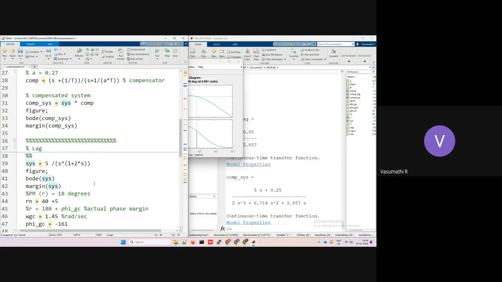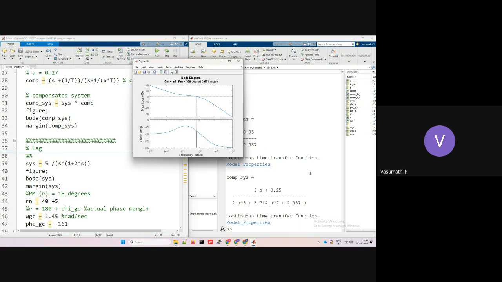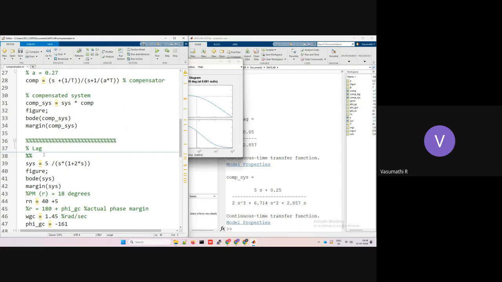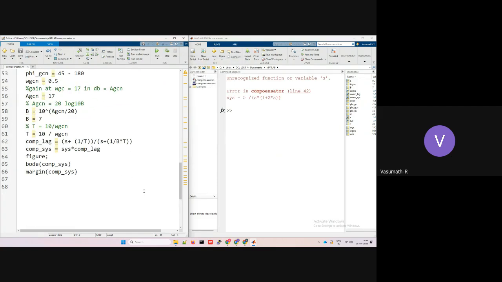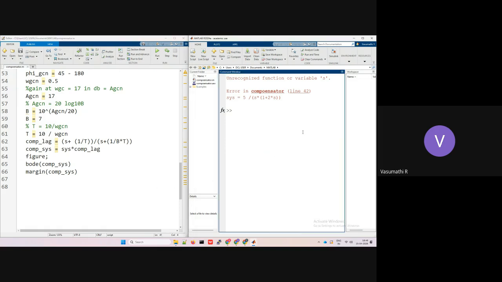This one is the system, right? Beta equal to 10.